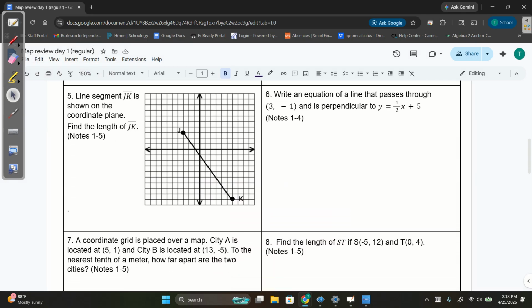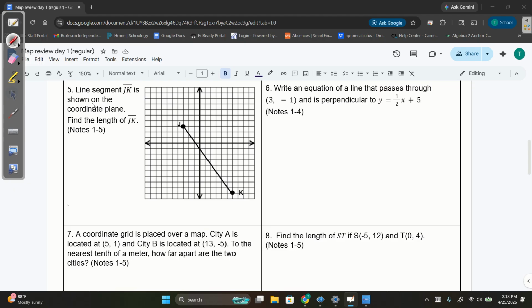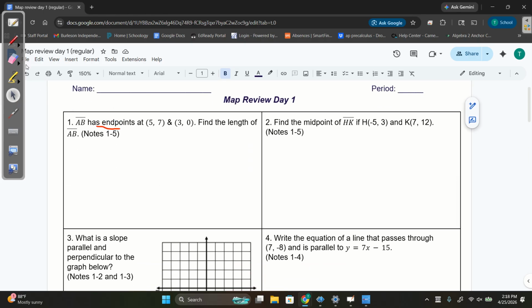Example 5. Line segment JK is shown on the coordinate plane. Find the length of JK. Well, I have a picture here, and we see the word length. Like I talked about earlier, on number 1, when we saw the word length, that meant we used the distance formula. The same thought can be applied here.